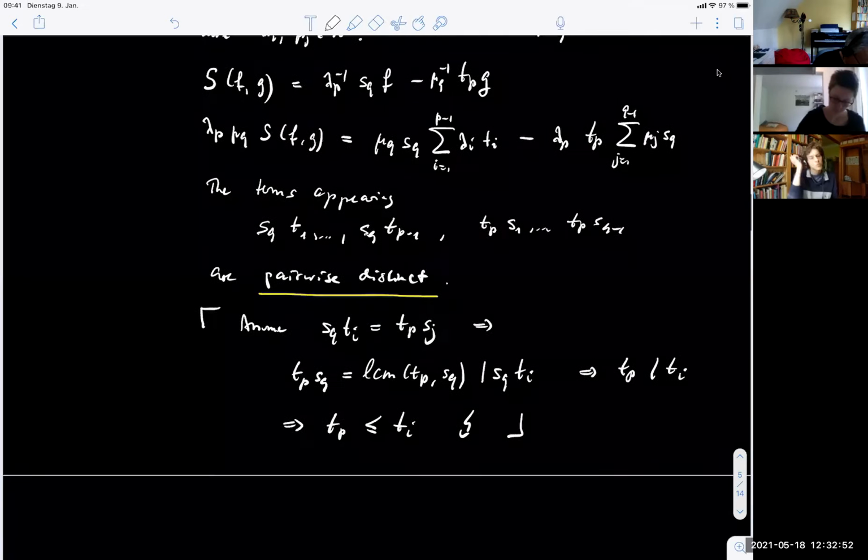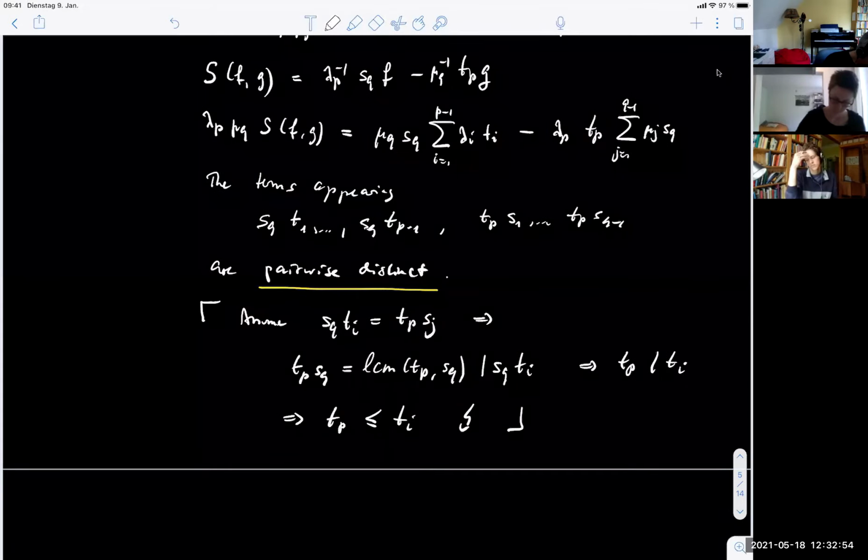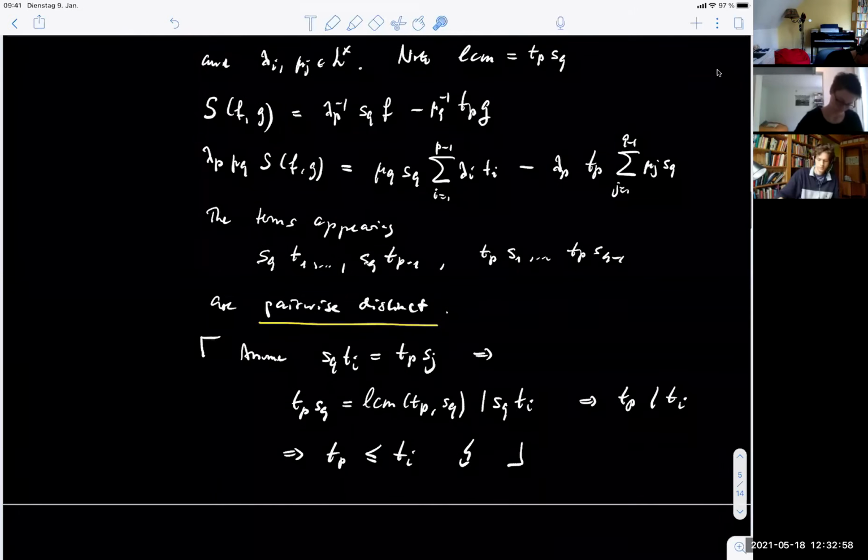Now what do we do? We want to show that this expression here reduces to 0. A question: that the least common multiple really divides that, I'm not sure, because T_P is actually greater than T_I, right?